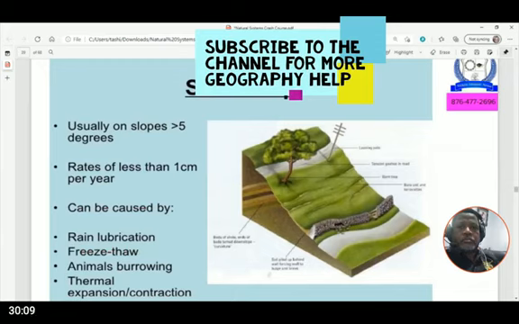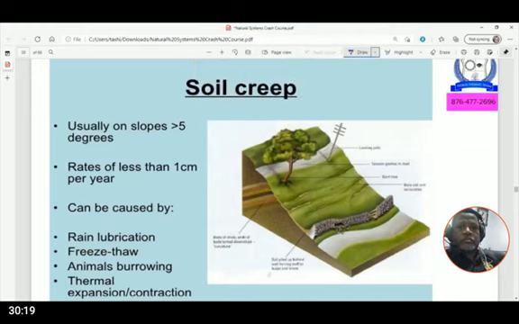Rain lubrication can cause it, and we mentioned that before with the water that is present. Freeze-thaw action can cause it, and we know what freeze-thaw action is from weathering. And then animals burrowing through the soil can also cause it, because they would be putting pressure on a particular area that would cause movement where the soil is concerned.